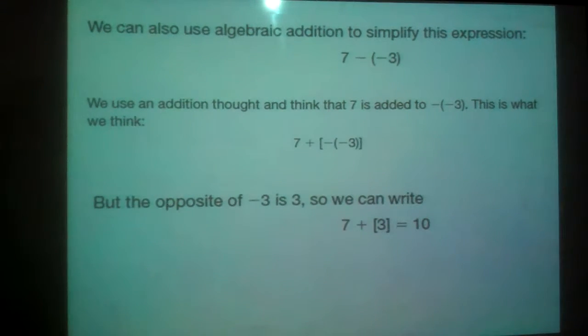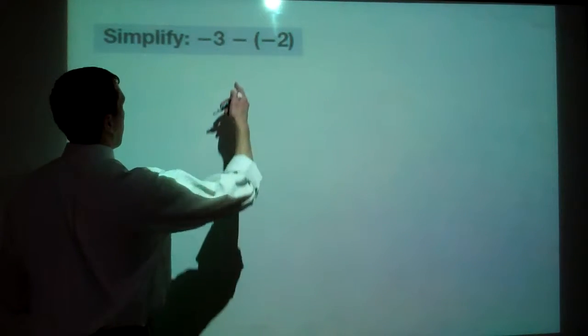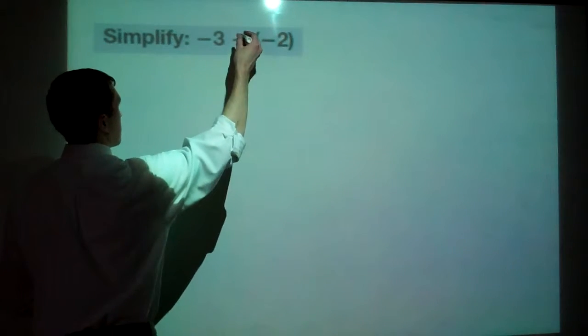So basically, we get 10 for this answer. It looks weird, but when we think about it a little more, it makes sense. So let's take a look at a couple here. We have negative 3 minus negative 2. So we have our situation. We can add the opposite, turn this to addition.